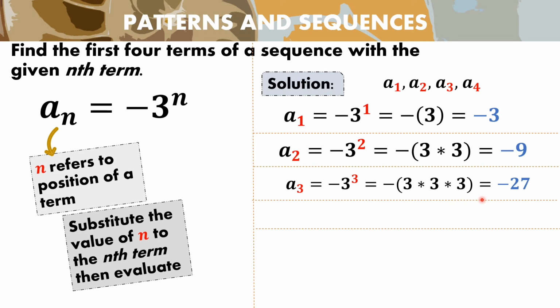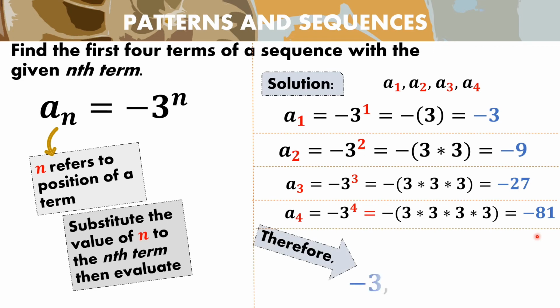The fourth term, n is equal to 4, that is negative 3 raised to 4 equals negative times 3 times 3 times 3 times 3 equals negative 81. Therefore, the first four terms are negative 3, negative 9, negative 27, negative 81.